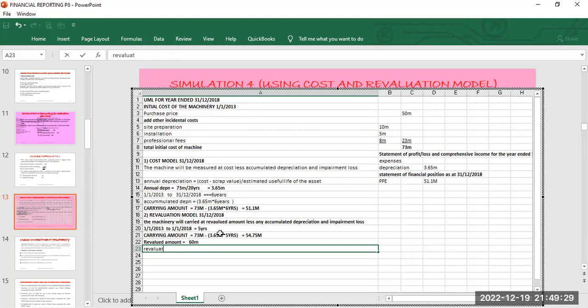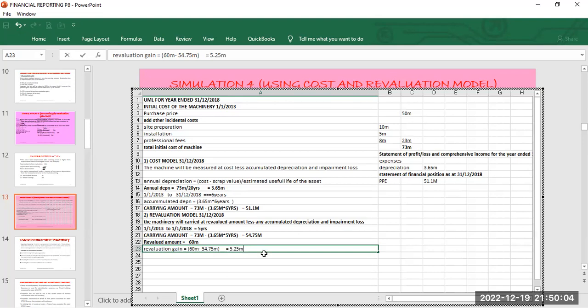The revaluation gain is coming from the 60 million minus the 54.75 million, which will give us 5.25 million.